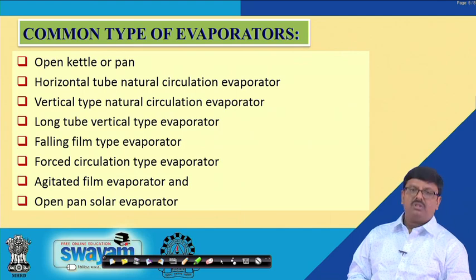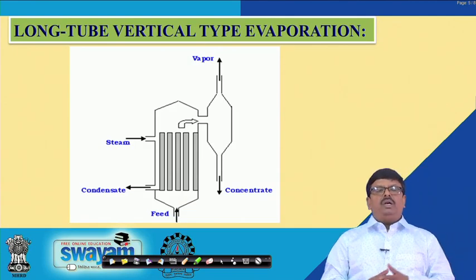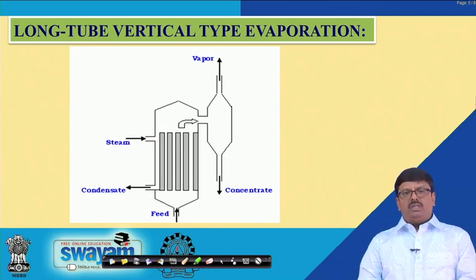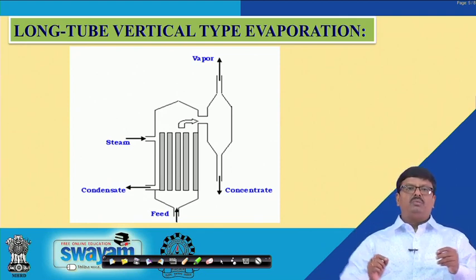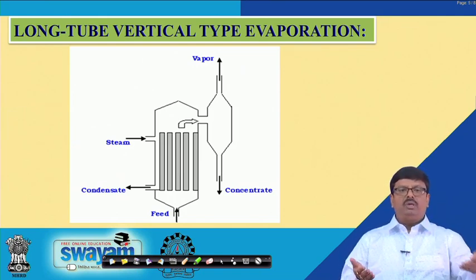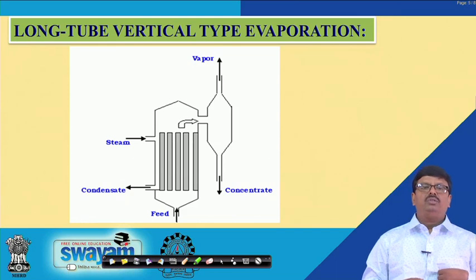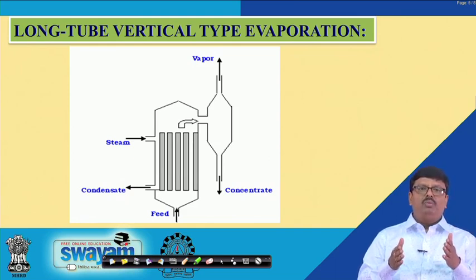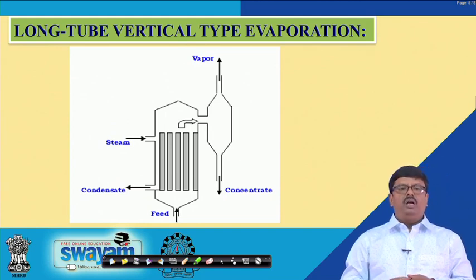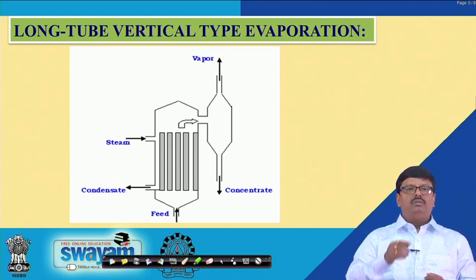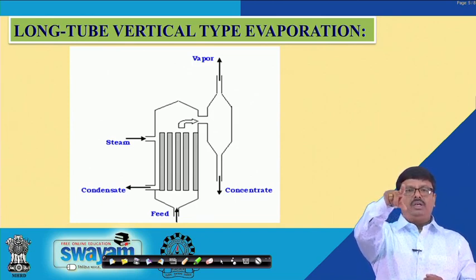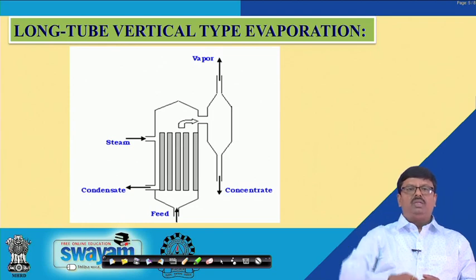So, these are the common types of evaporator found in different chemical industries and chemical process operations. Now, let us consider the long tube vertical type evaporator and its working principle. Here it is clearly noticeable that in this long tube vertical evaporation chamber, the feed is introduced at the bottom, and we get the condensate from the lower portion of the heating source, and the steam is supplied.